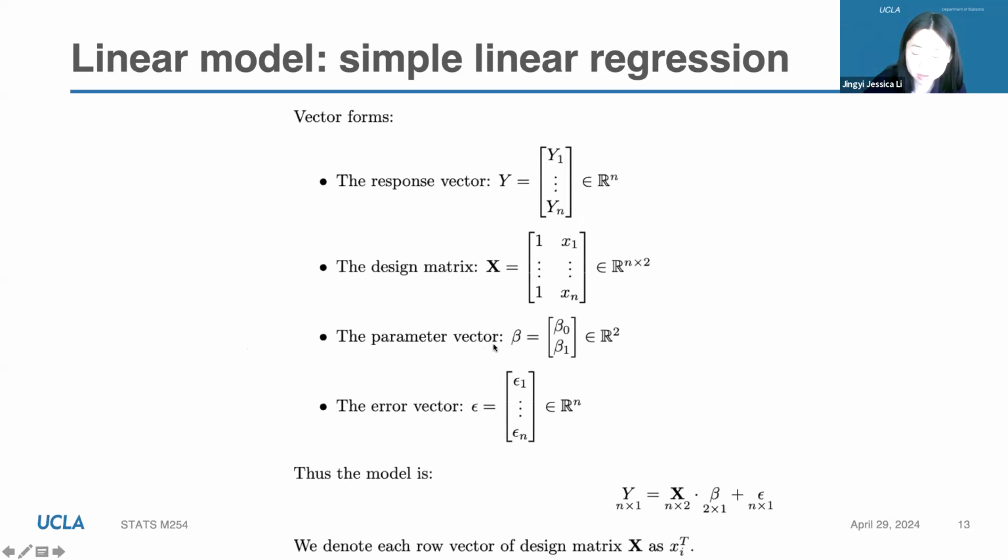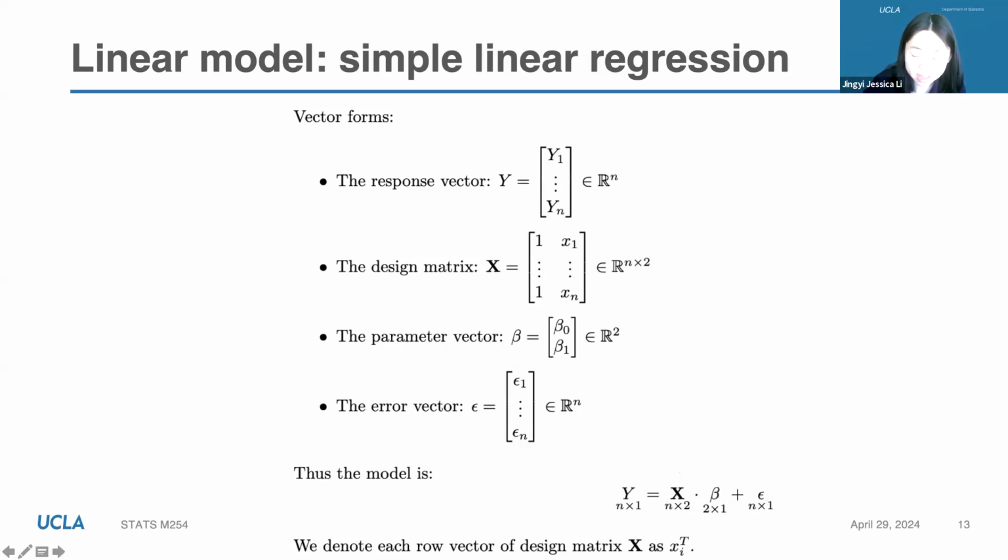Then the parameter vector is stacked into a two-dimensional vector, beta 0, beta 1, and the n error terms are stacked into an epsilon vector. Therefore, the model is written in matrix form: y equals X times beta plus epsilon. The dimensions for each term are n by 1.